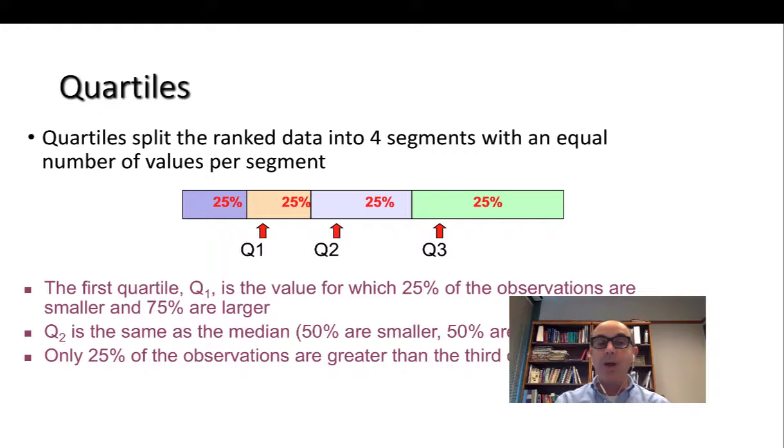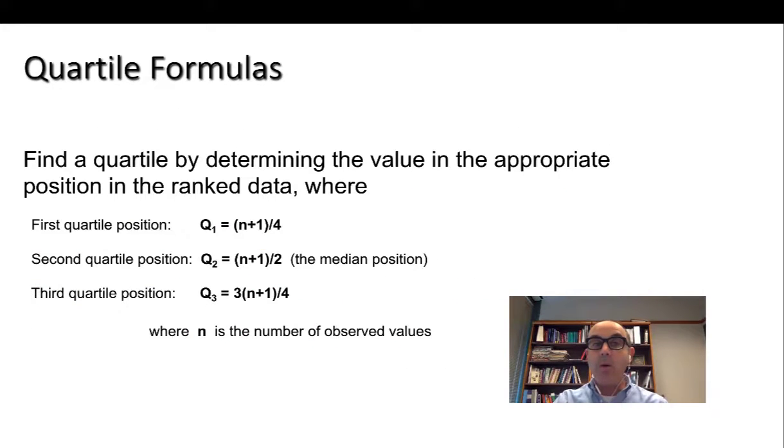For example, quartile 1 is equal to 25% of all observations, and it's smaller than the other 75% of all the observations. We use that again to see where we are at with regard to the data. The quartile formulas are: Q1 is equal to (n plus 1) divided by 4, and Q3 is equal to (n plus 1) multiplied by 3, divided by 4.